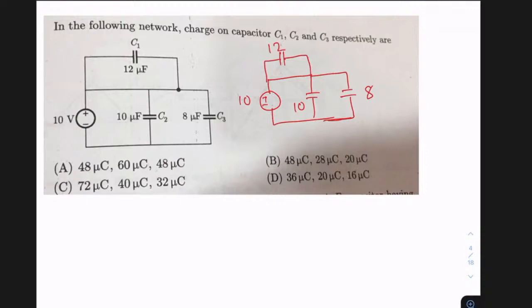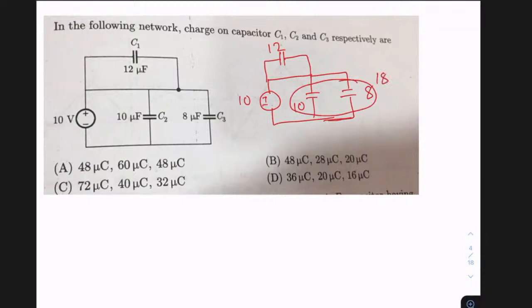In this case, I can replace it by a single capacitor. What is the net equivalent capacitance from this particular source? 10 and 8 are in parallel, so this equivalent capacitance is 10 plus 8, which is 18.